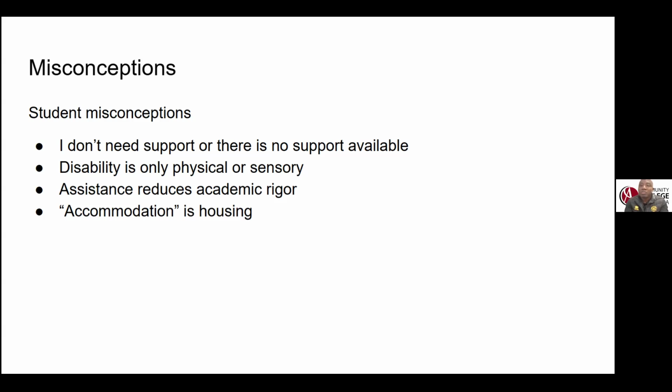A lot of international students have shared with me, is it going to appear on my transcript that I used accommodation when I'm in college? I always just assure them that this is not going to appear in any way on your academic records.